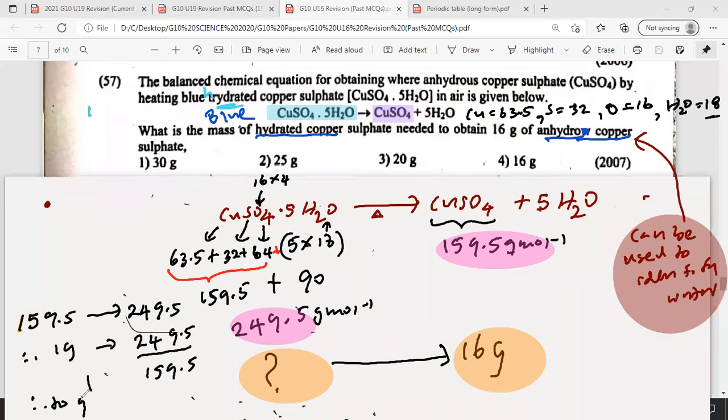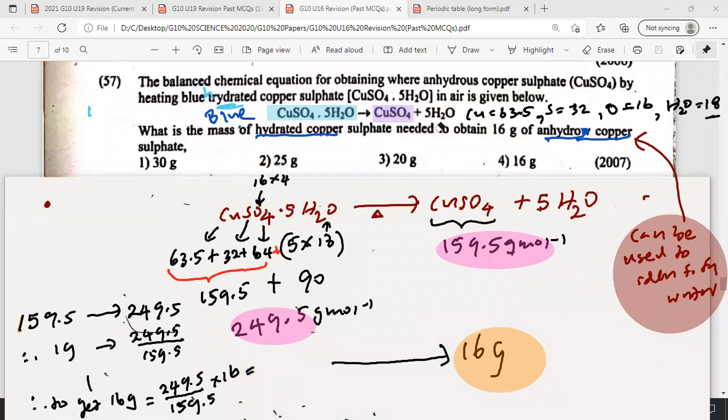Therefore to get 16 grams, this ratio should be multiplied by 16: 249.5 divided by 159.5 times 16.